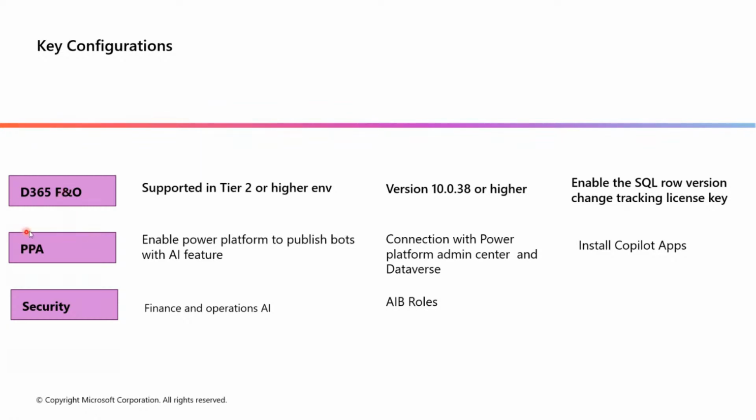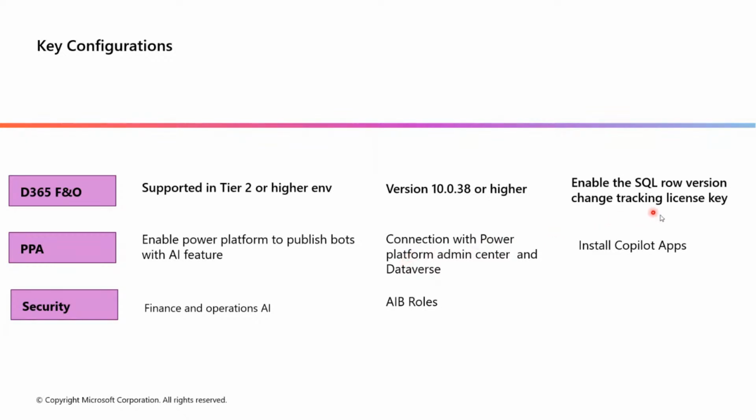Now, the second thing is the PPAC, Power Platform Admin Center. Now, first thing is that you should have your LCS connected with your Power Platform Admin Center. And once that is enabled, you need to enable the app under the Power Platform, which is published with the AI features. Then, as I said, your connection with the Power Platform Center and the Dataverse should be enabled.